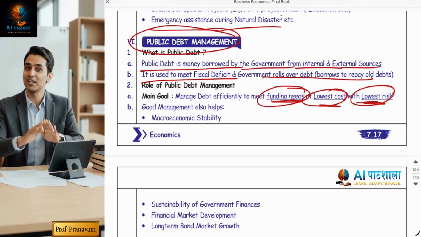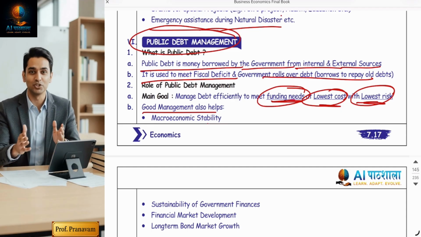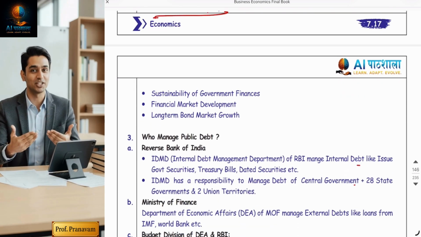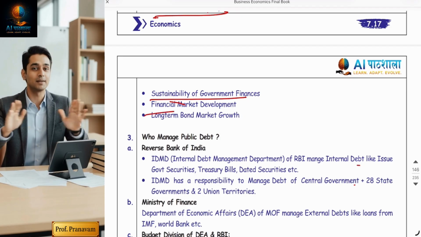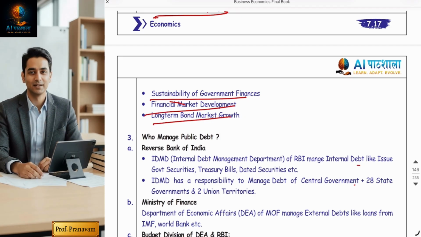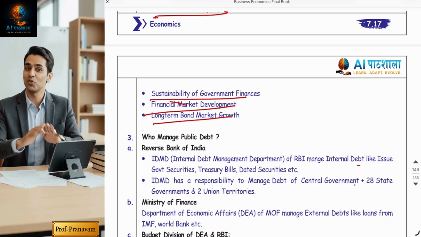The role of public debt management is to ensure macroeconomic stability, support sustainable economic growth, and develop financial markets and long-term bond markets, so that the deficit amount is easier for everyone.